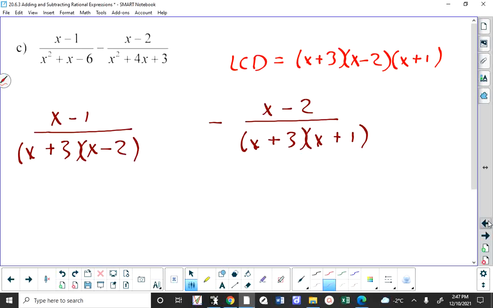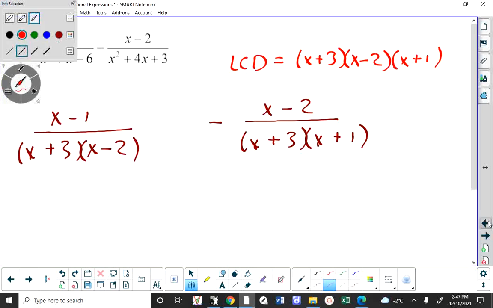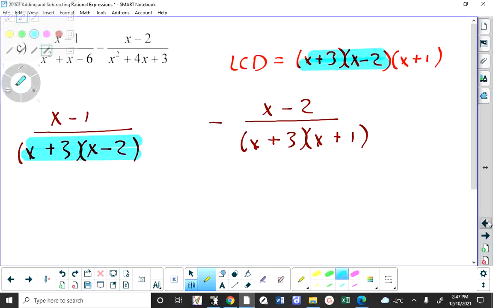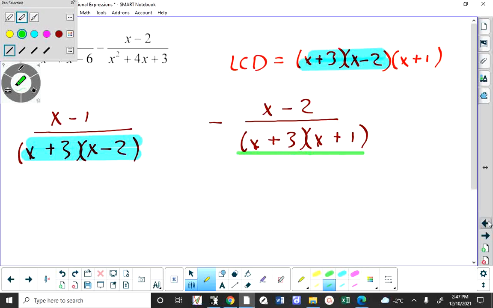Because the common denominator has to contain both of these factors. So I write down x plus 3, x minus 2. It's there, right? The common denominator must also contain these two factors. And it contains already an x plus 3, so I need to include an x plus 1.